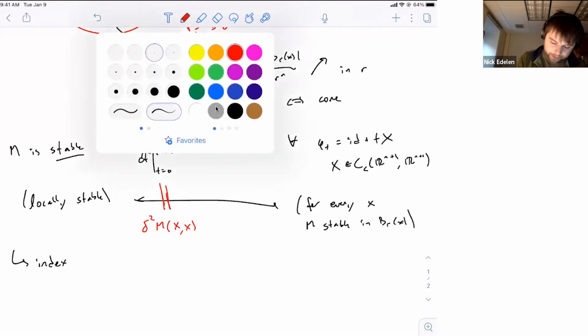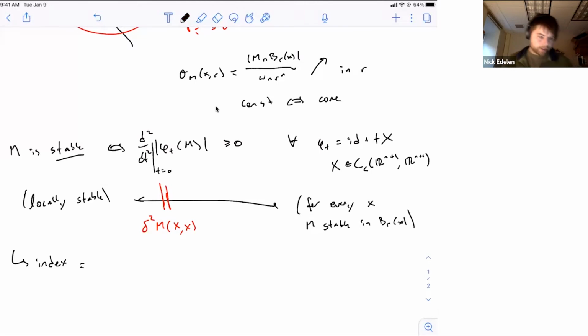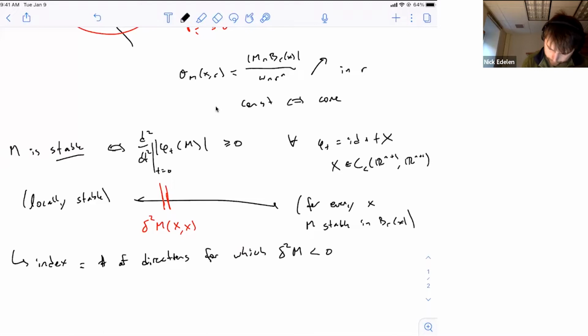The index is the dimension of the space of vector fields which decrease area to second order. So it's the number of directions for which this second variation operator is strictly negative. And if you have finite index, you're always going to be locally stable.